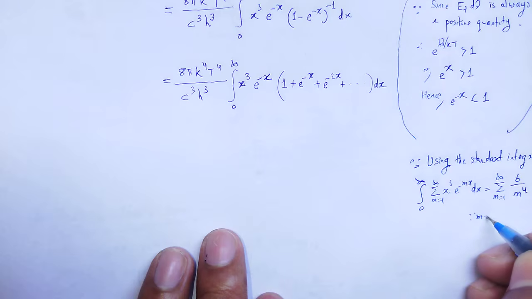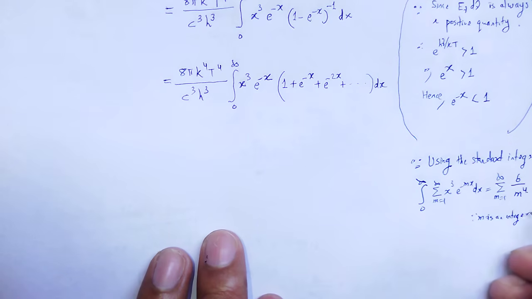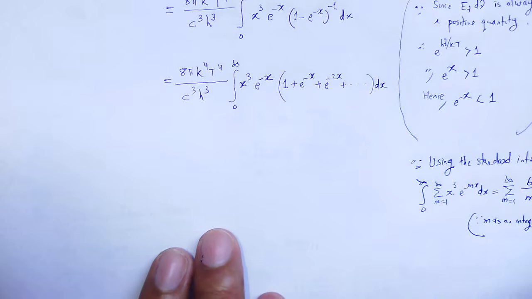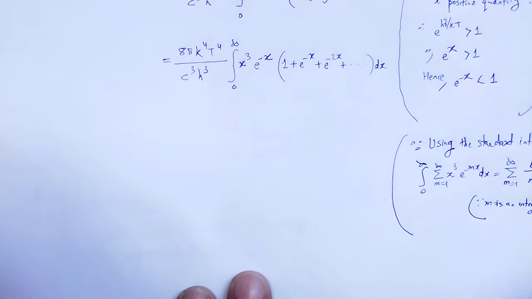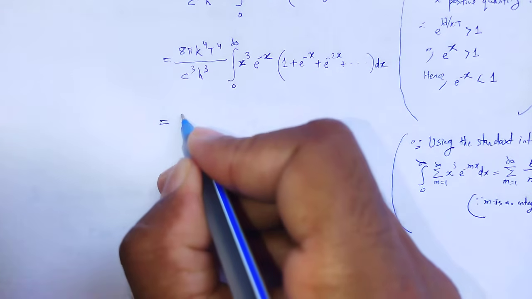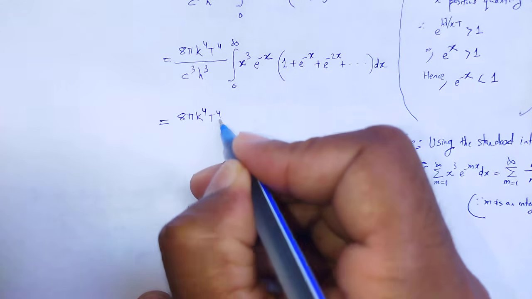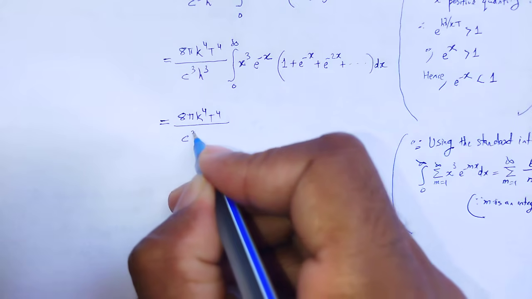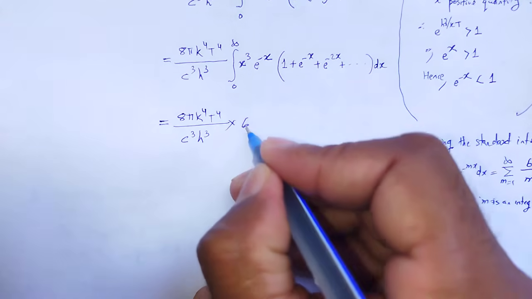M is an integer. That expression now changes to 8 pi k to the power 4th t to the power 4th divided by c cube h cube into that expansion result as 6.